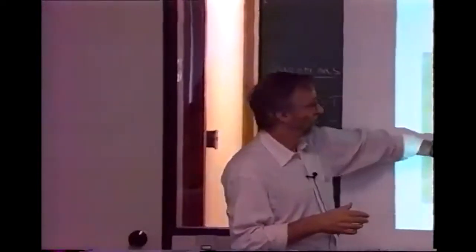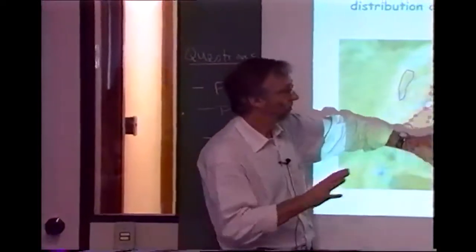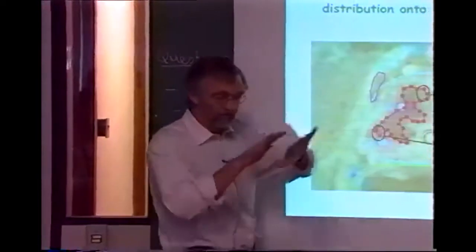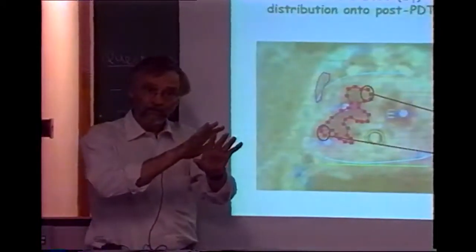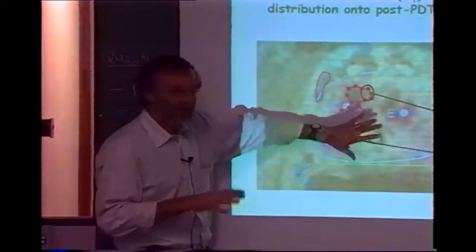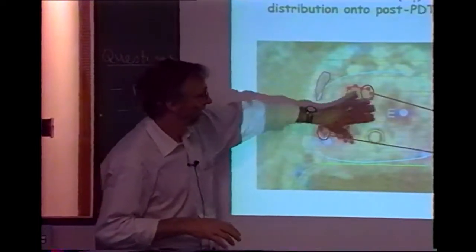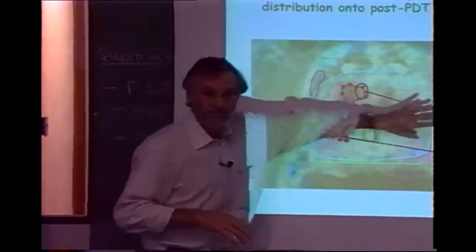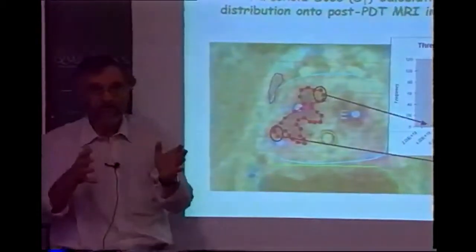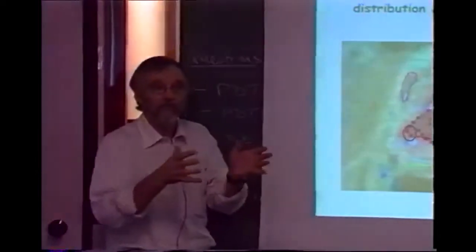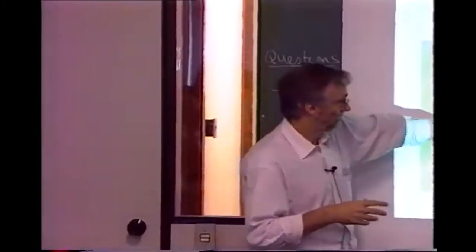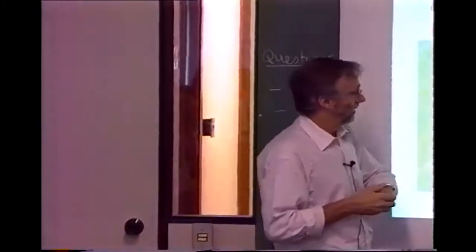I just wanted to point out that it is starting to be possible, by combining imaging with detailed dosimetry, to get some idea of the true threshold, not just of a tissue on average, but within a tissue and how much it varies. So that's probably useful information.